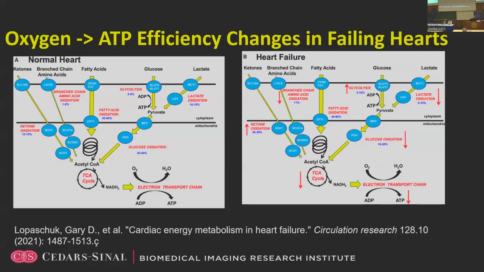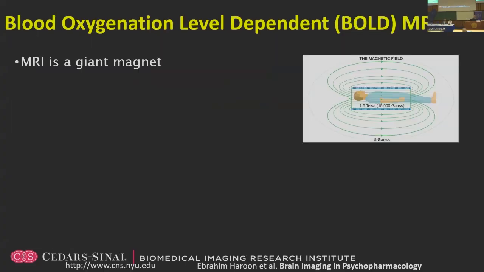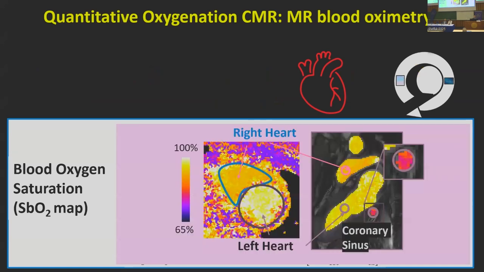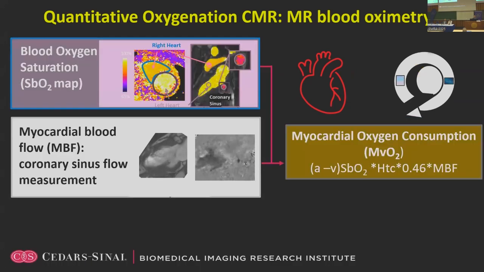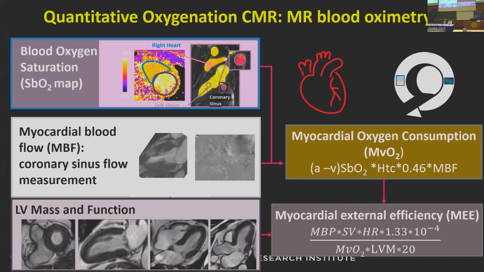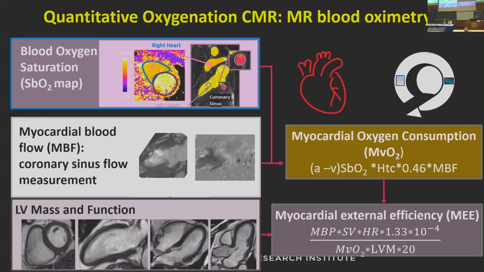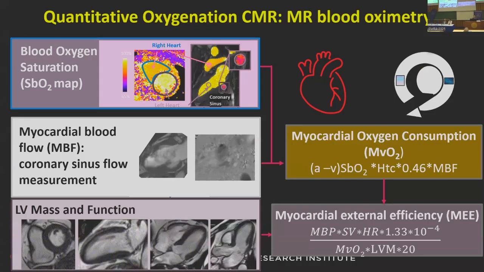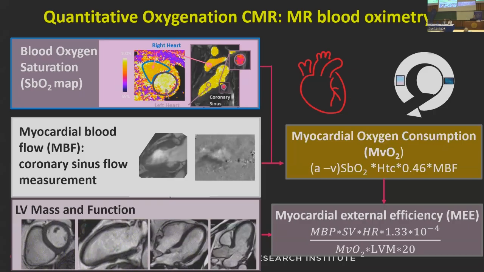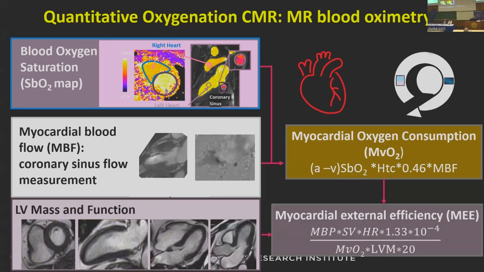This really looks at the BOLD effect and T2 measurement of the coronary sinus to calculate the myocardial efficiency, basically the mechanical work divided by the total oxygen consumption, and really shows very promising results. Again, this is based on this multitasking framework to measure the flow, to measure the T2, and calculate all those.